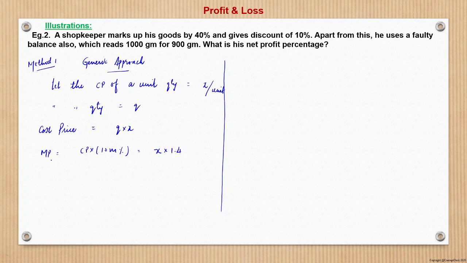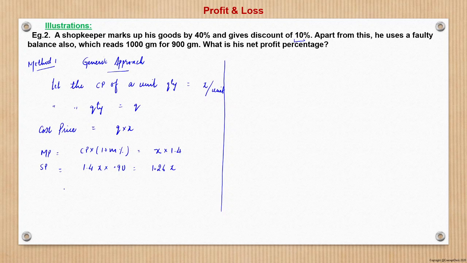Now a discount is also there of 10%. So SP per unit, selling price per unit, will be nothing but 1.4 into x into 0.90, or 9 by 10. So this becomes 14 nines are 126, 1.26x is the selling price per unit.